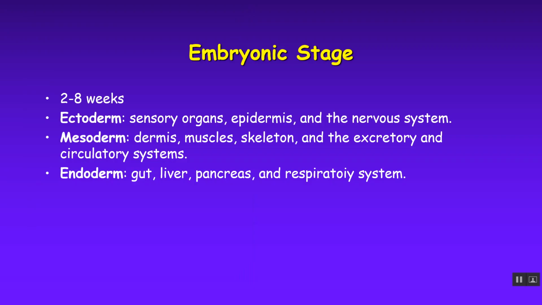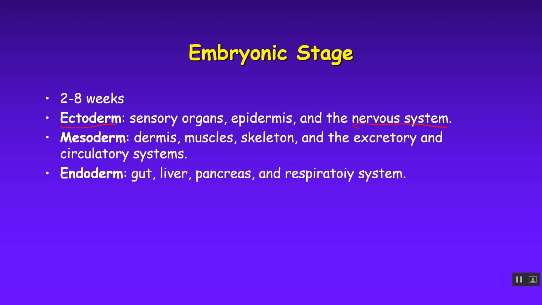Then we go to the embryonic stage, which starts at 2 weeks, so 2 to 8 weeks. This is where you start to get some differentiation. The ectoderm becomes your sensory organs, epidermis, and nervous system. So key thing there, all of your nervous system comes from ectoderm.